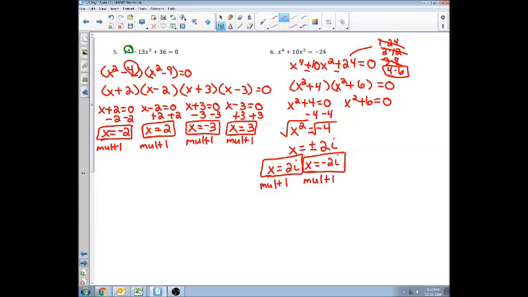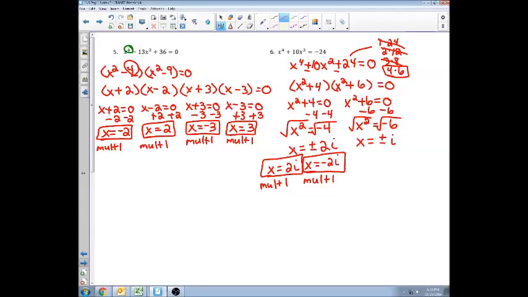Okay? Same thing's going to happen with this x squared plus 6. If I subtract 6 from both sides, x squared would equal negative 6. The square root of negative 6, x, would equal... I cannot take the square root of 6 and I can't break it down any further. So don't ever forget about that plus or minus. I was trying to drill it in your heads before when we were talking about things like this.